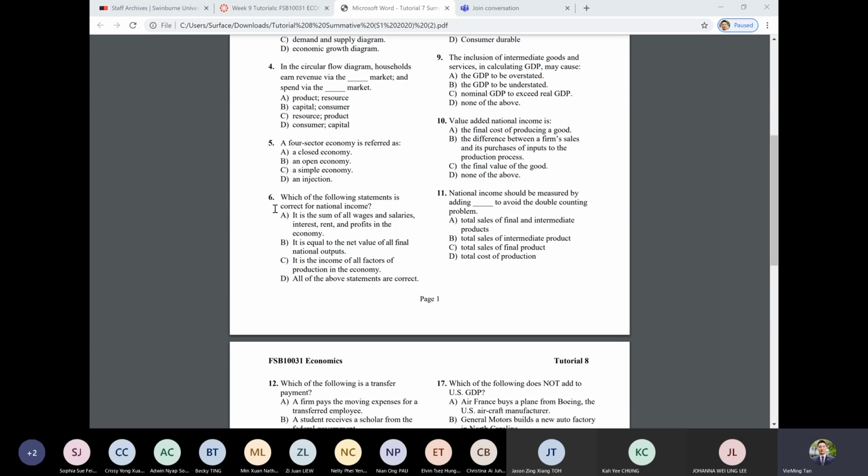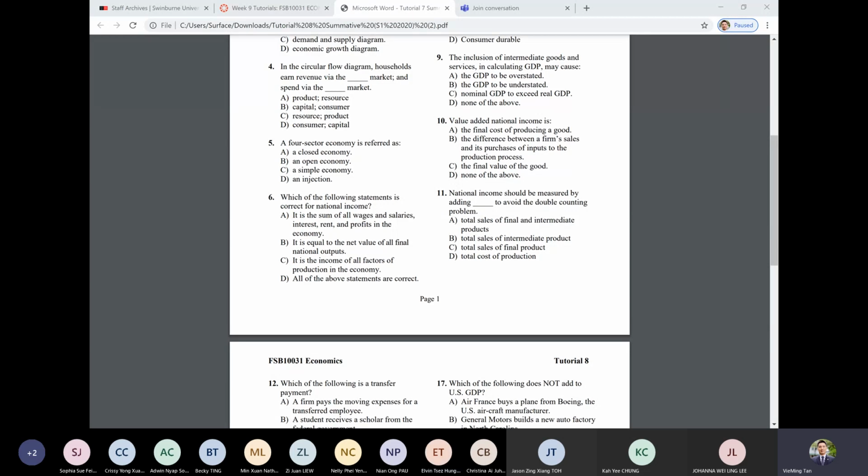If 2 sector, it means household and firm. Firms means private producers. If three sector, teacher? Yes. Oh yeah, I need to share the screen.